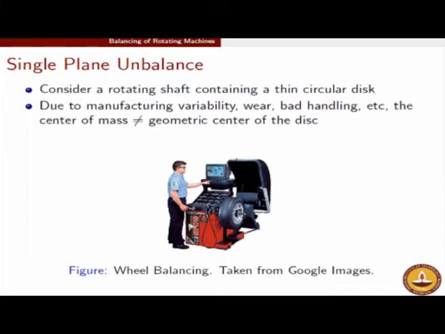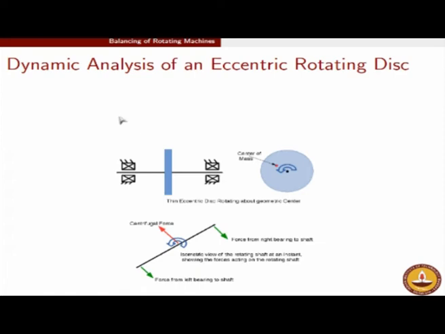So again, from time to time you have to balance this grinding wheel, because if you don't do that, it will lead to a problem, as I will explain in my next slide. So we have talked about at least two good examples, wheel balancing and the radial cam, where we have a single plane unbalance, because we are talking about one object which is a very thin object and therefore a planar object. This is undergoing rotational motion, but this rotational motion, as we will now see, is going to lead to unbalanced forces. Let us see how.